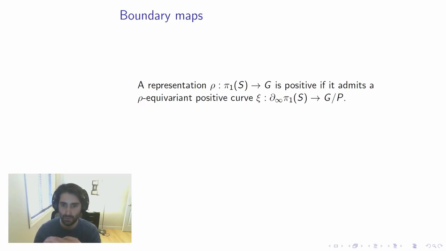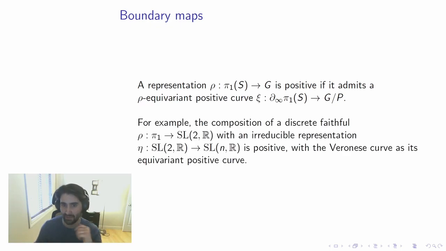You say a representation is positive if there's some curve from the boundary at infinity of the group into this partial flag manifold, and it sends positively oriented triples to positively oriented triples according to this positive structure in G mod P.